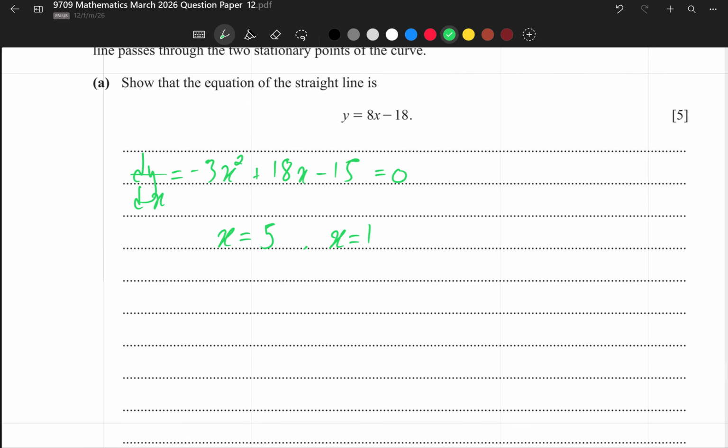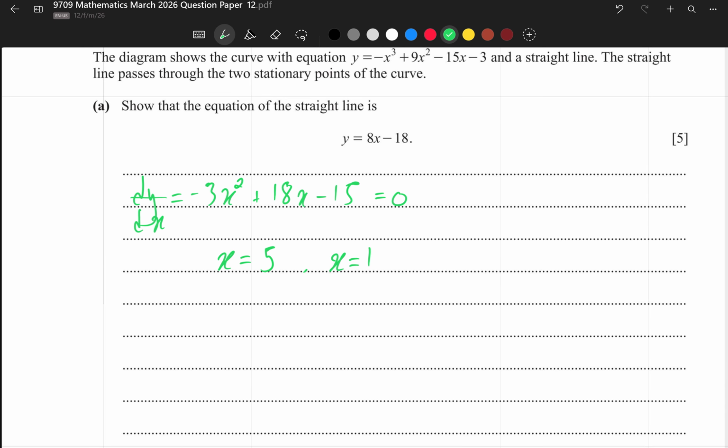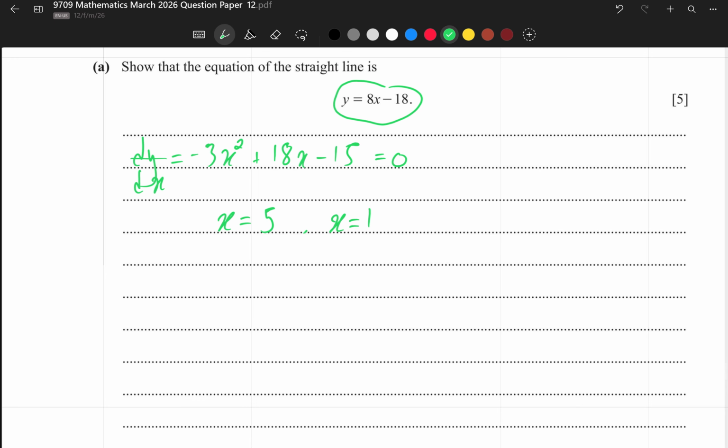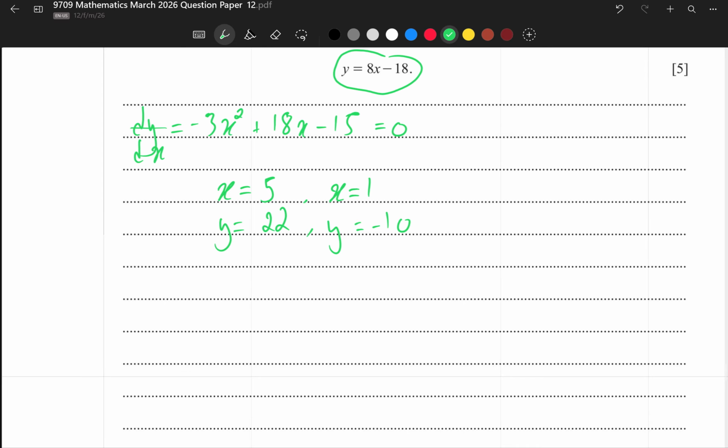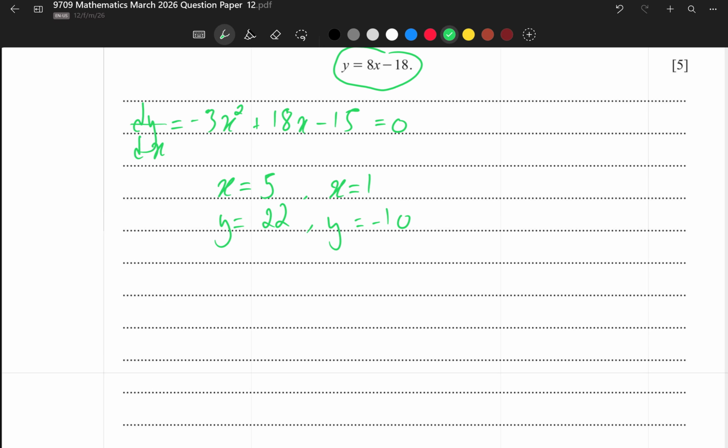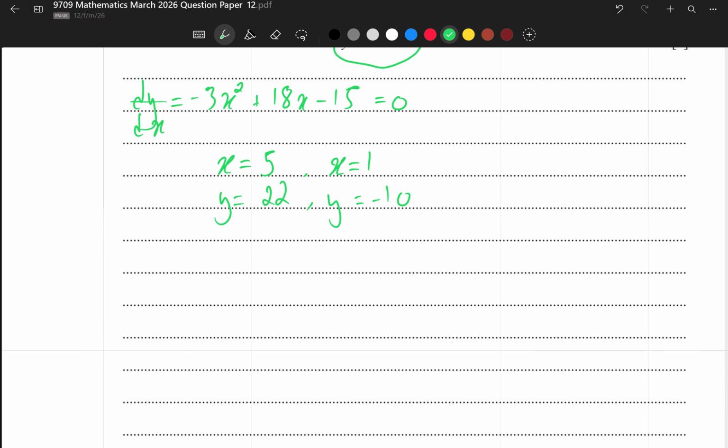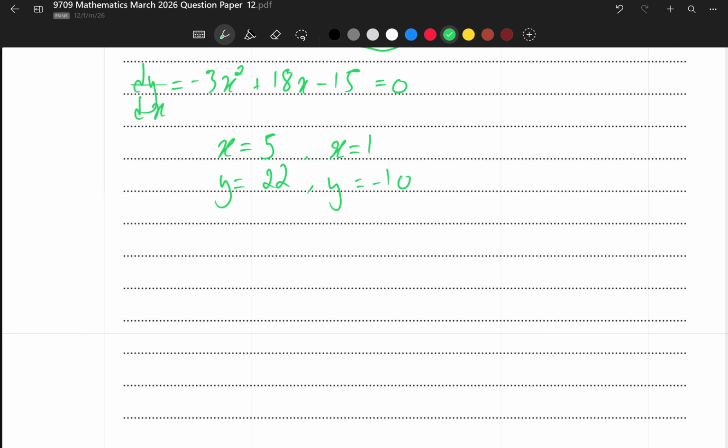Now if we put these back into the original equation, we'll get y = 22 for x = 5 and y = -10 for x = 1. So we have got the stationary points and the y coordinate of the respective x coordinate.